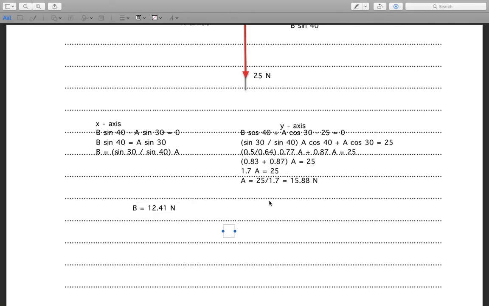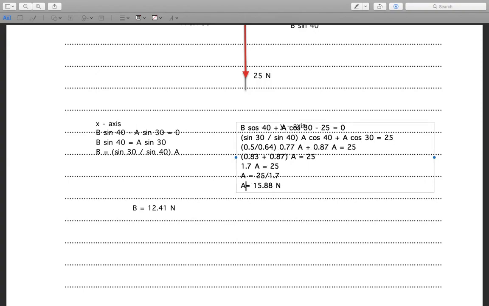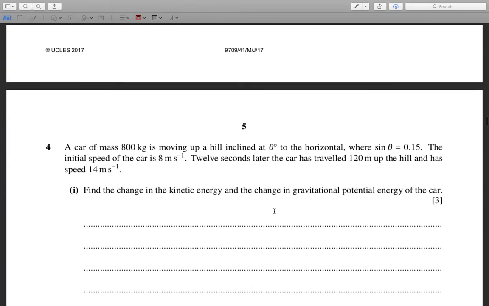Okay, finally we get A and B. That's A is here, and B is here. Okay, continue to the next number.